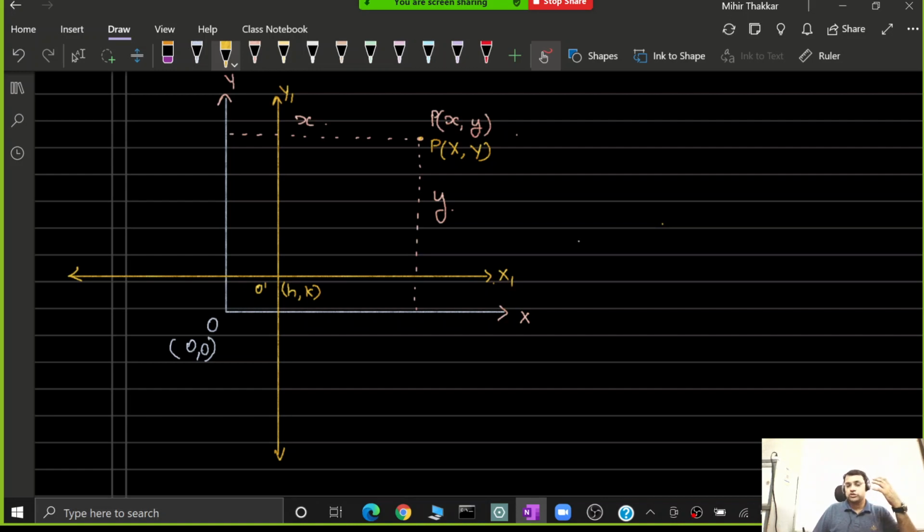It is obviously not 0, 0, because on a certain graph 0, 0 can be only in one place, which is already the original origin. Original origin (0, 0). New origin (h, k).